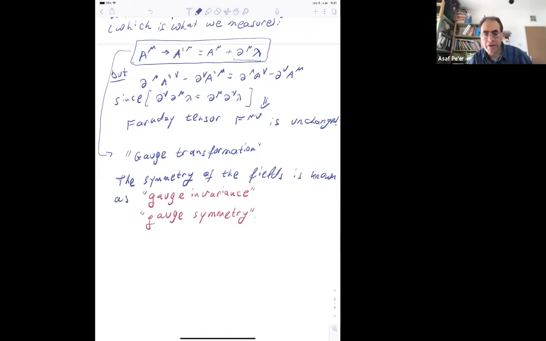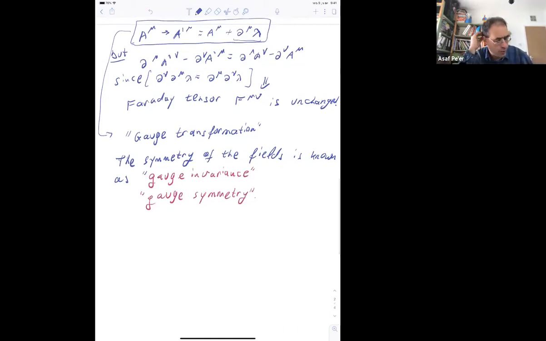Now, when you think of it, given that there is this gauge symmetry, there are two options, right? Option number one is to continue to use A mu, although we are aware of the fact that it's not completely defined.